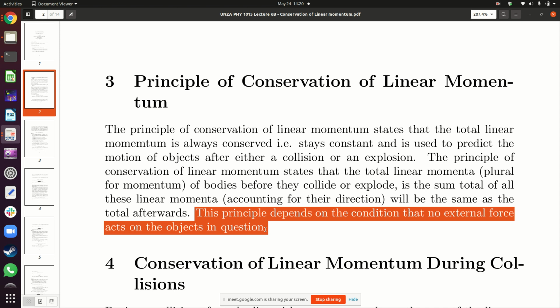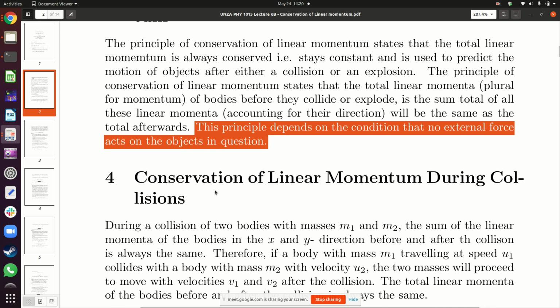It's either the object is moving with constant velocity or the object is at rest. So basically, those are the situations we're going to consider. Things colliding or things exploding, then before the collision, these things are moving with the same velocities, then they collide, or after the collision or explosion, they move out with the same velocity.